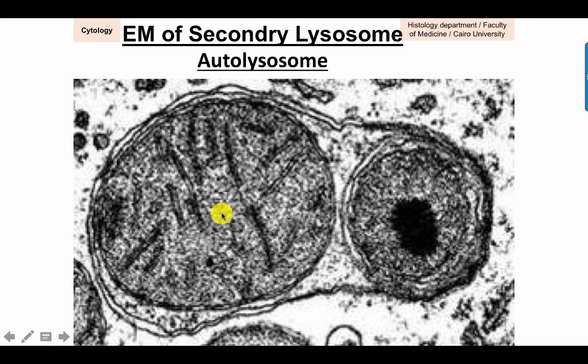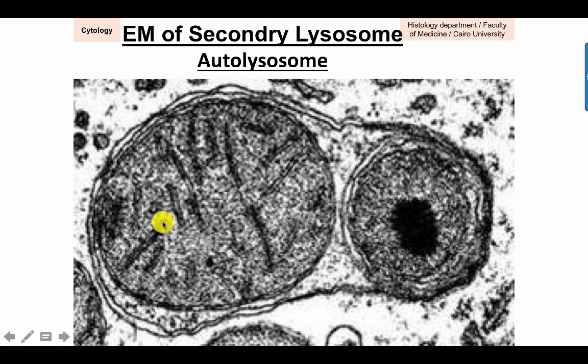Because it is coming from inside the cell. It is my structure, not a hetero, not a different structure. So it is called an autophagic vesicle. Autophagic means the phagocytosis of something from inside the cell, and this process is called autophagy.